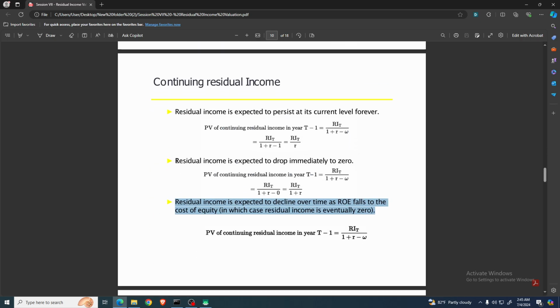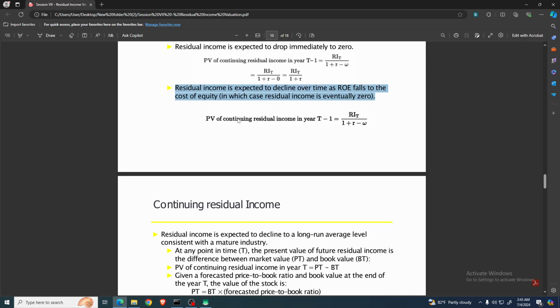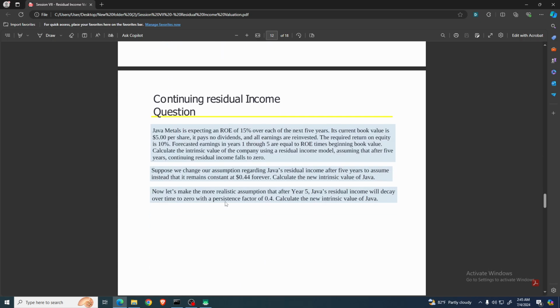Sorry, this one, but without a persistent factor. And here we now know the residual income of our 5 years, and all you need to do is calculate the present value of it.